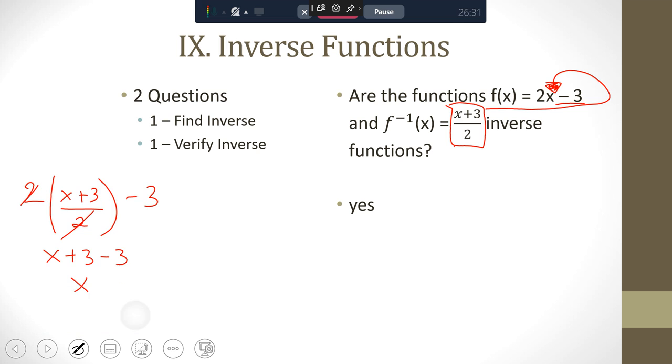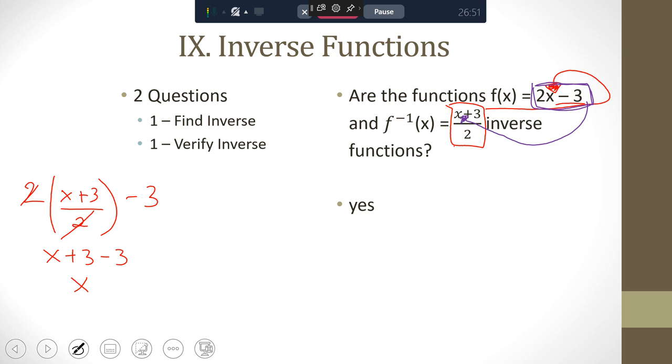If you get x, then you try it the other way around. We take my original problem and substitute it in for x into the other problem. If you do not get x, then they are not inverses. You do not need to go on. So in my other problem, I have an x.